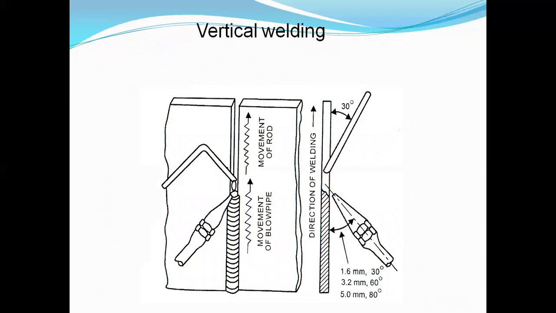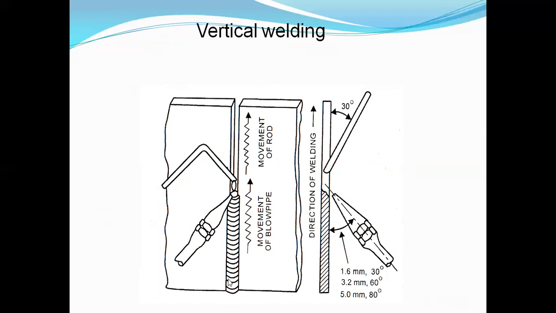Next, the last method is vertical welding. In vertical welding, two plates are positioned vertically and the welding starts at the bottom. Welding can be done on both sides.